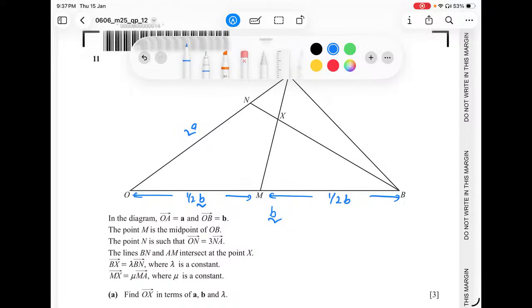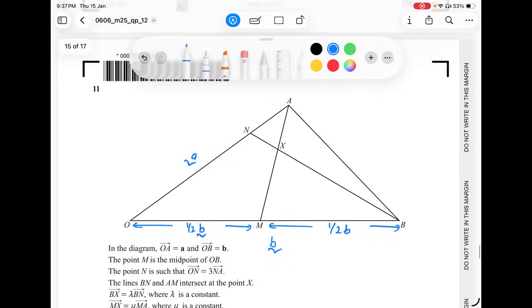The point N is such that ON is 3 times the NA. So if we say that this is one part, there's going to be 3 times of it. So basically you can think of this as 4 parts.